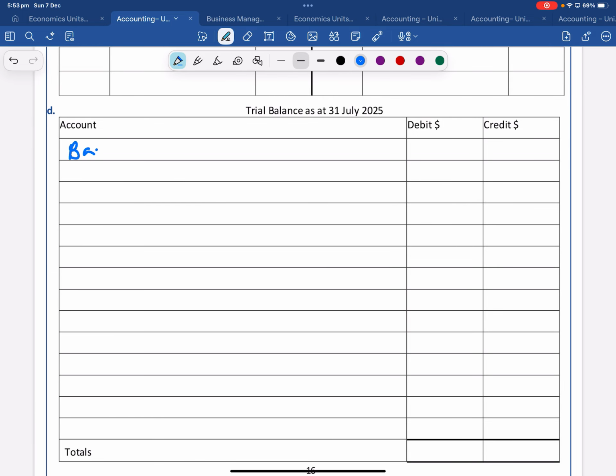Tell me the bank balance, guys. 77? Debit or credit? Next one. How much? 48,510. Next one. Accounts receivable. 8,640.